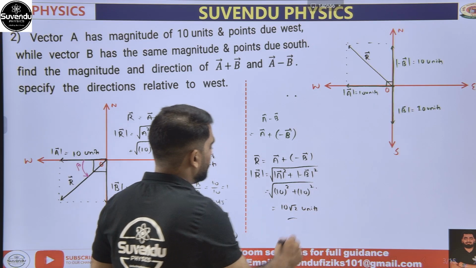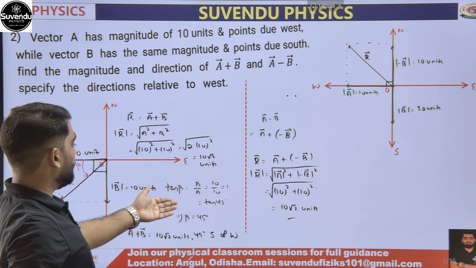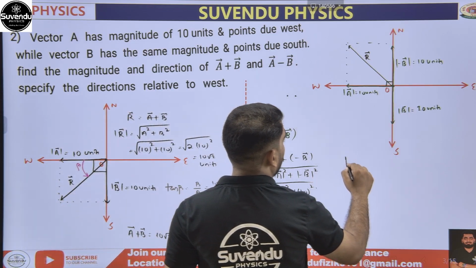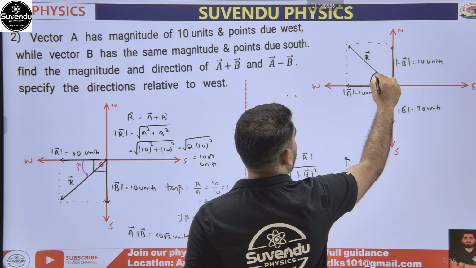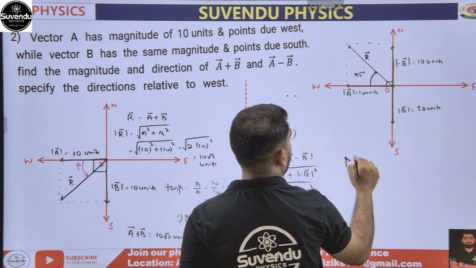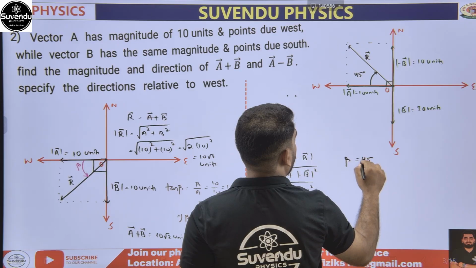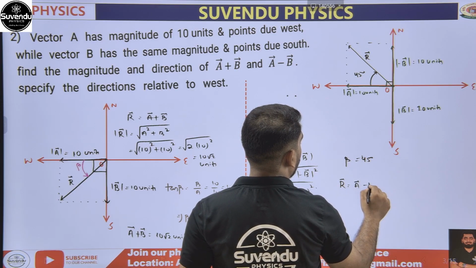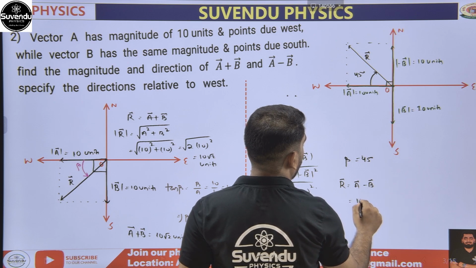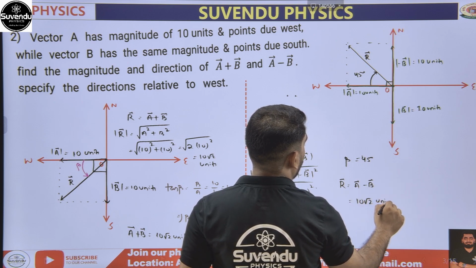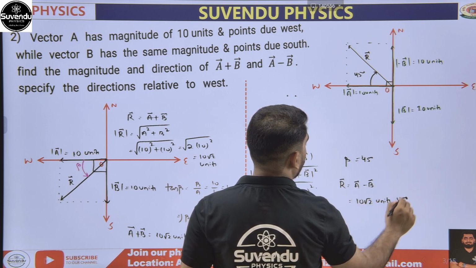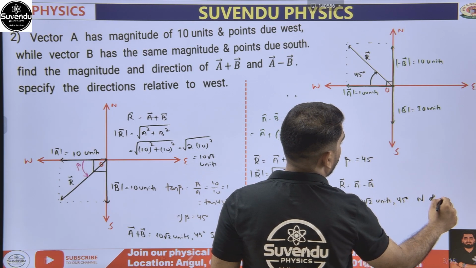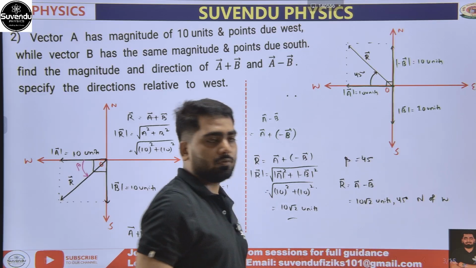And as in the previous question, if you want to find the direction, then beta with respect to west will be 45 degrees. So the resultant vector R equal to A vector minus B vector is 10 root 2 units, 45 degrees towards north from west.